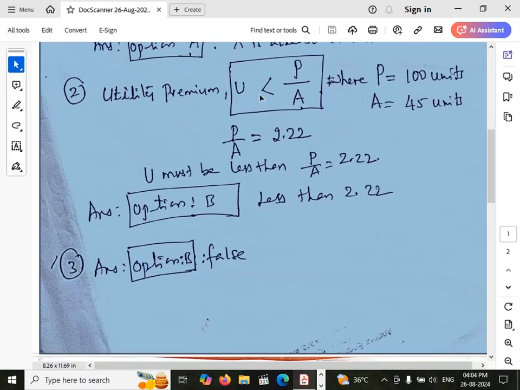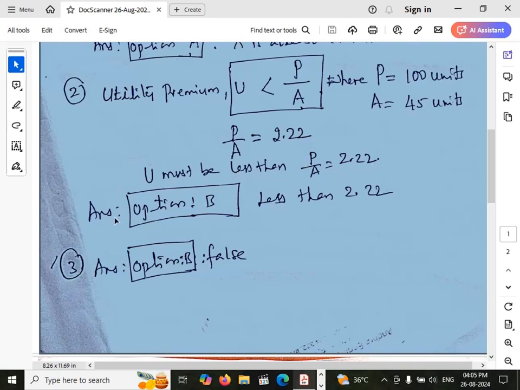Utility premium U must be less than P by A, where P is the peak demand, A is the average demand. So P, they have given 100 units, A equal to 45 units, these two are given. So P by A equal to 2.22. So U must be less than P by A, that is equal to 2.22.